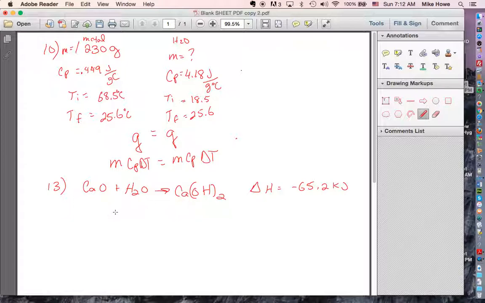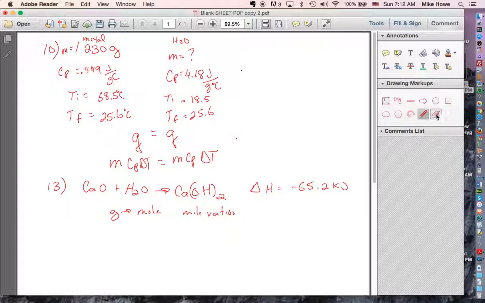Change to moles. Then the mole ratio. Actually, you don't have to do that. Rephrase that one.